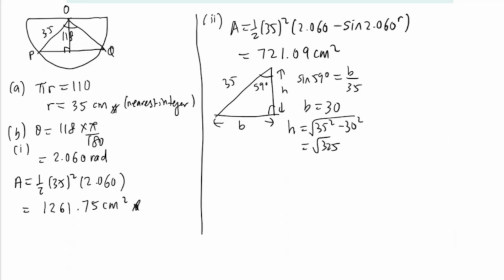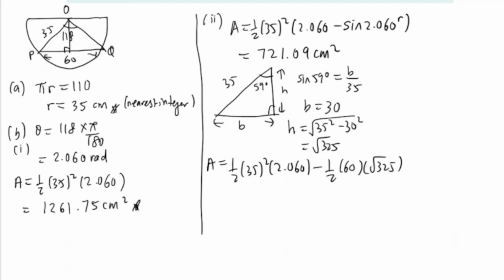And your area, if you were to use this method, is the area of the sector, half r squared theta, minus half times base times height. Your base is 30. Maybe you can just times 2. If this is 30, double is 60. So I just use 60 times height square root 325, minus 30 square root 325. Let's see whether I can get the same answer as the textbook.